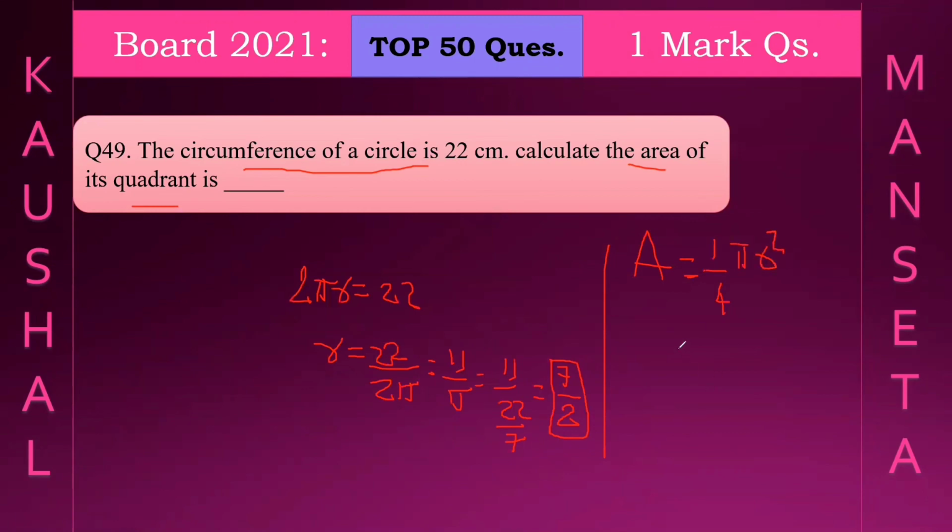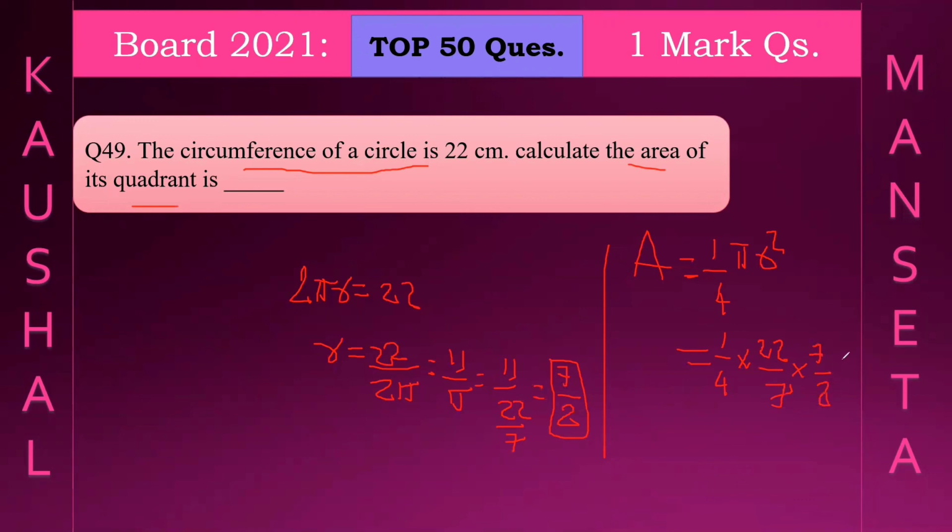So put the value of r as 7 by 2. So 1 by 4 into 22 by 7 into 7 by 2 into 7 by 2.